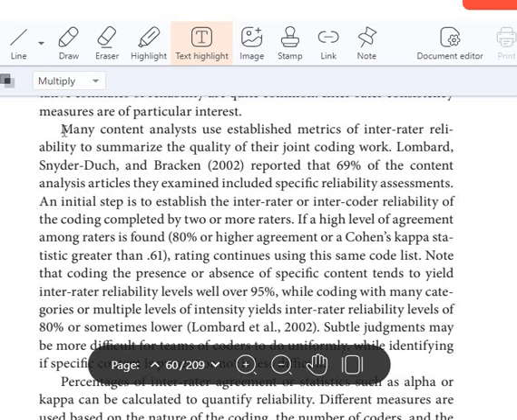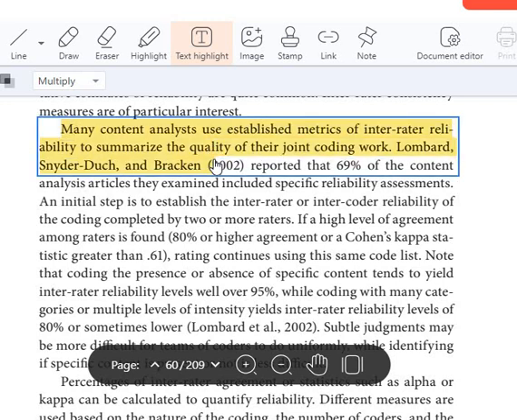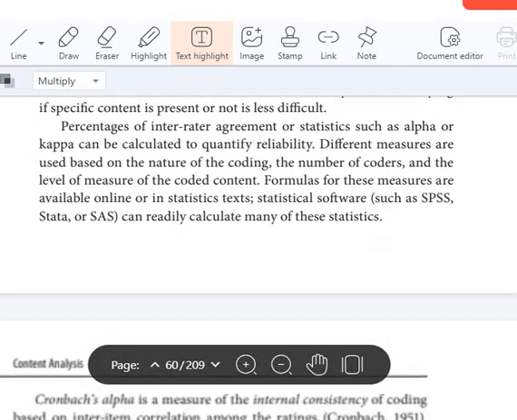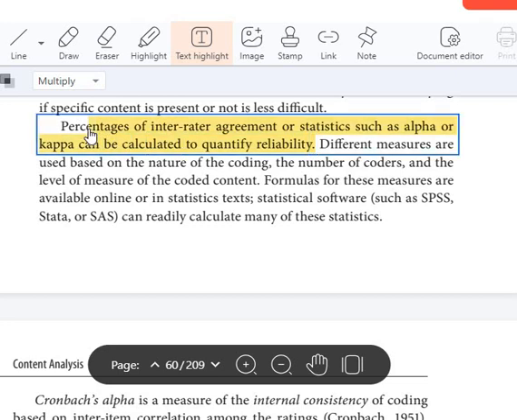Many content analysts use established metrics of inter-rater reliability to summarize the quality of their joint coding work, and it gives some examples on that. Percentages of inter-rater agreement or statistics such as alpha or kappa can be calculated to quantify reliability. Here we're talking about statistics.